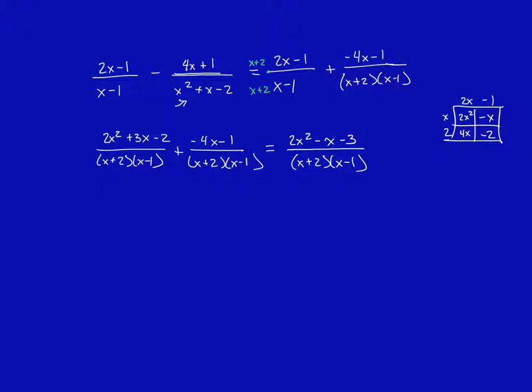So this is a case where, once again, we want to look to see if we can factor the numerator. Because I have a leading coefficient, I need to multiply 2 times negative 3. So I need factors of negative 6 that are going to add up to negative 1. So factors of negative 6 that will add up to negative 1 are negative 3 and 2.